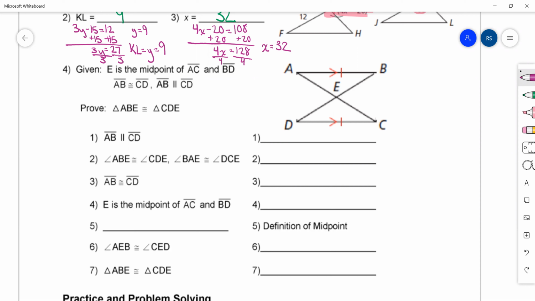So that's our goal. First, they tell us that AB is parallel to CD. Where do we see that? That's up here in the given. So that's going to be our reason. It is given.